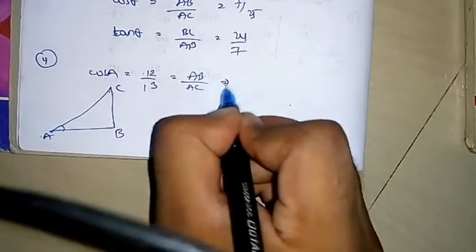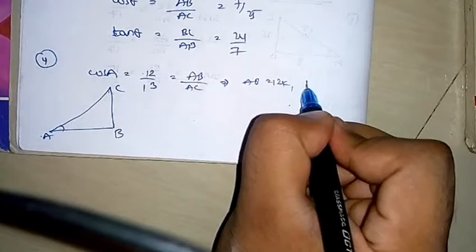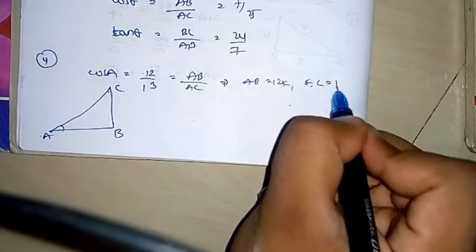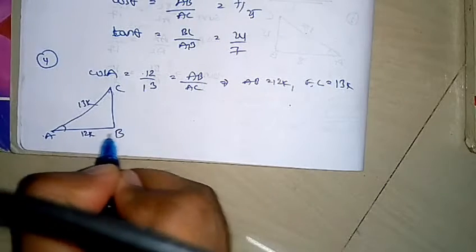So this implies AB is equal to 12K and AC is equal to 13K. So this is 13K and 12K.